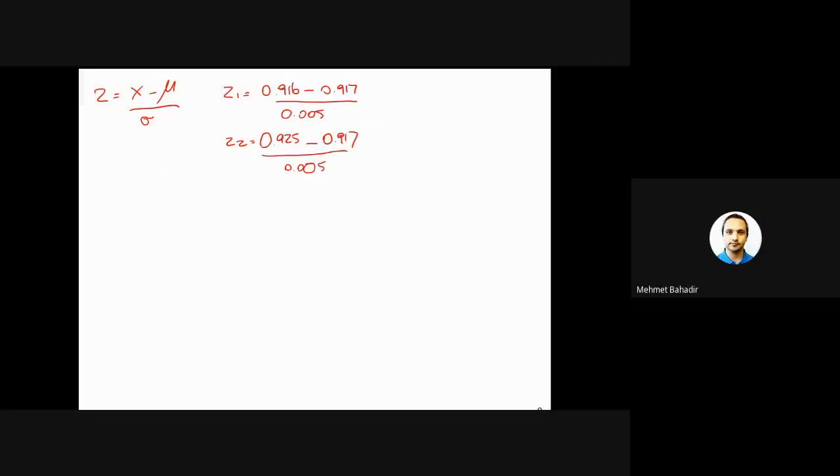All right, from here, if we do the math, z1 value is going to be negative 0.2, and z2 value is going to be 1.6, right? Negative 0.2, 1.6.